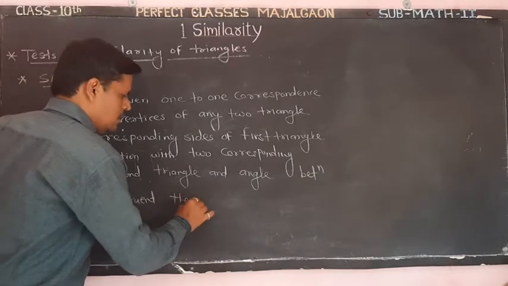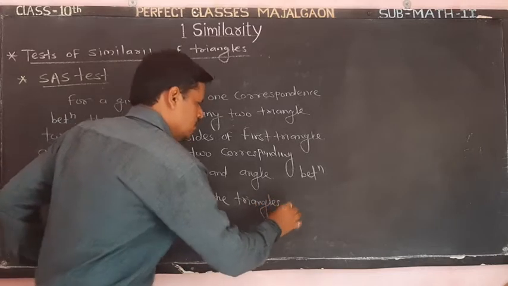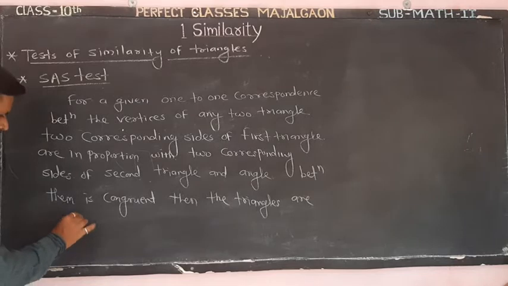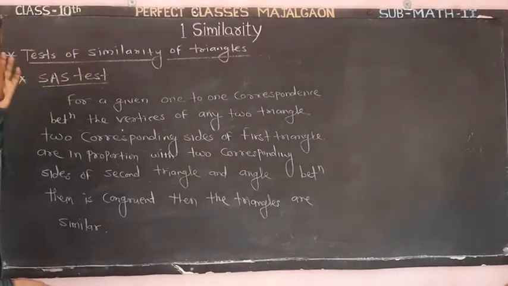Then the triangles are similar by the test of SAS. This is the second test.